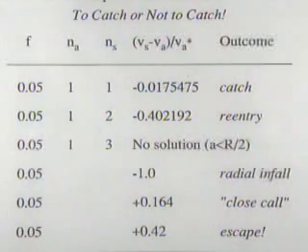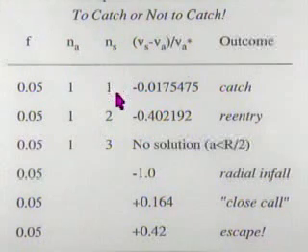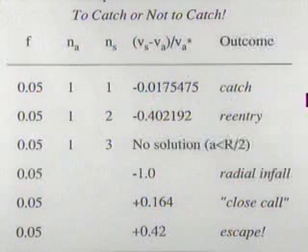You see there the F value is always 5% we took, and you're going to see here the numbers for the number of times that Mary passes through point X and the number of times that the sandwich will pass through point X. This is that very first case that we worked on together.